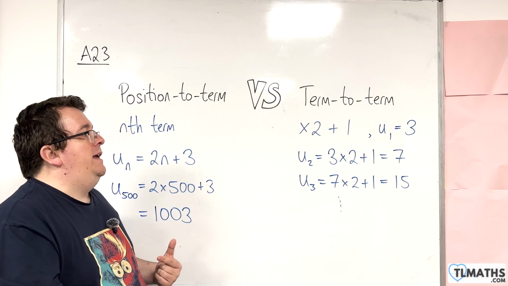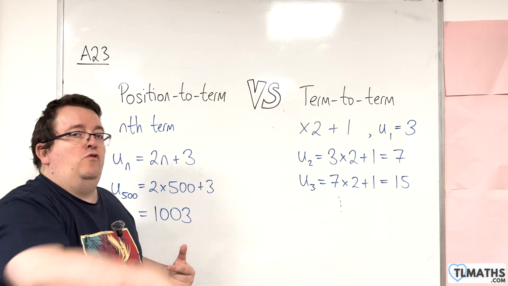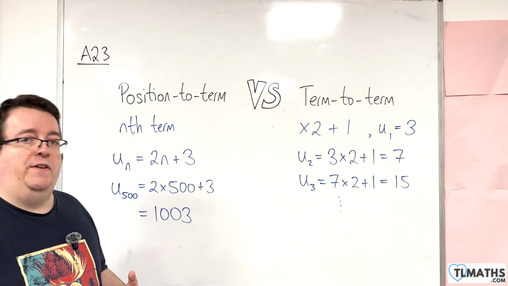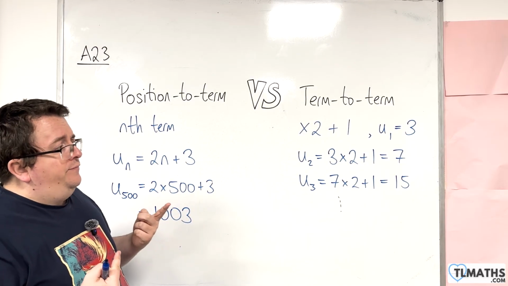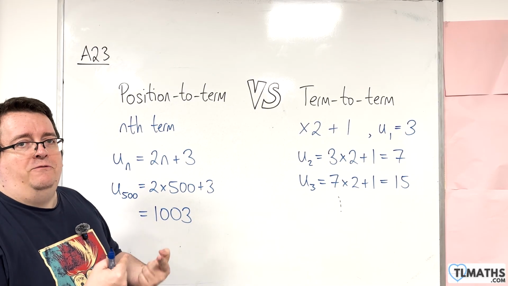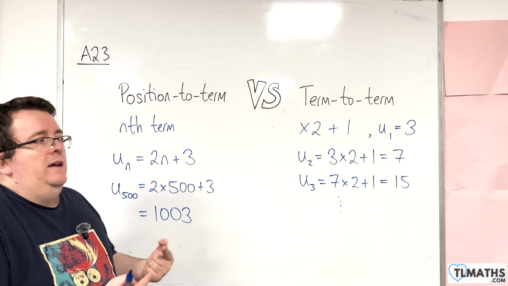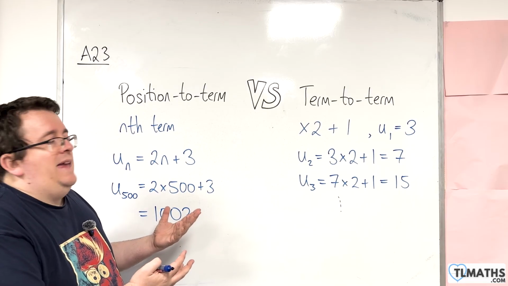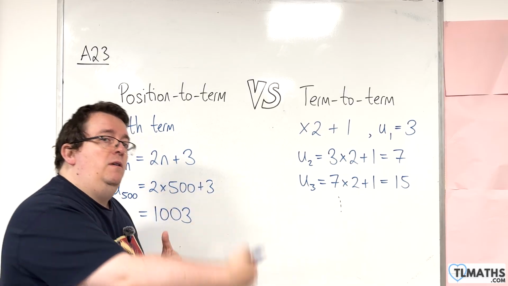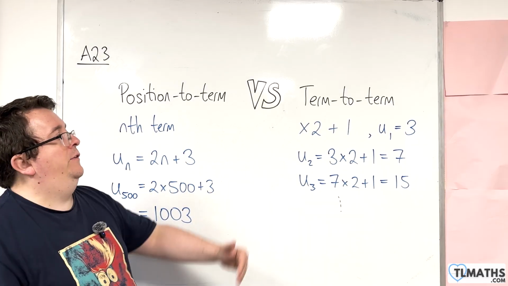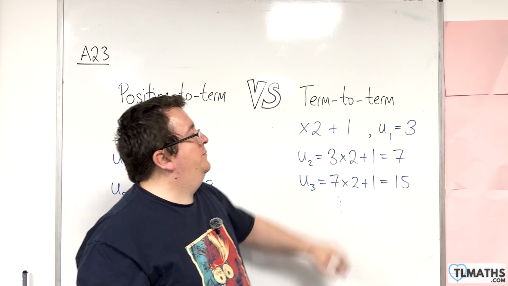So unfortunately, this one requires me to kind of keep cranking the handle until I arrive at the position I want. So in that way, it's not a particularly useful thing for me to use. It's not going to get me to the answer quickly. It is generating term by term, as the name suggests.